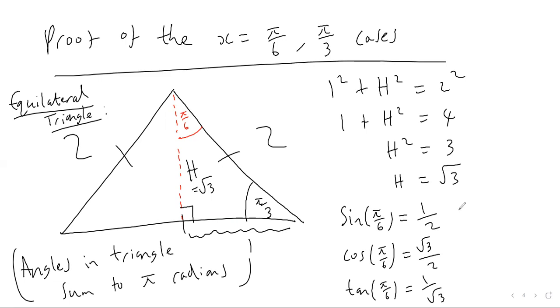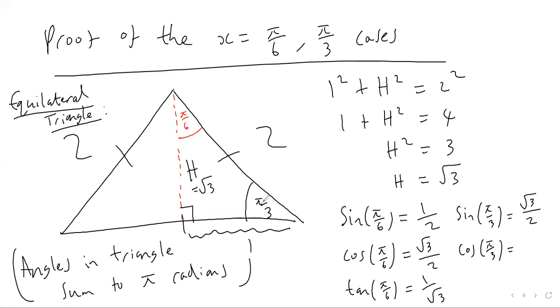Now let's go on to our pi over 3 values. So sin pi over 3 is going to be, again, opposite the pi over 3 down there. That's the h, which is root 3, and we divide that by the hypotenuse, which again is 2. So root 3 over 2 for sin 60 degrees. And then cos 60 degrees, or cos pi over 3 radians.